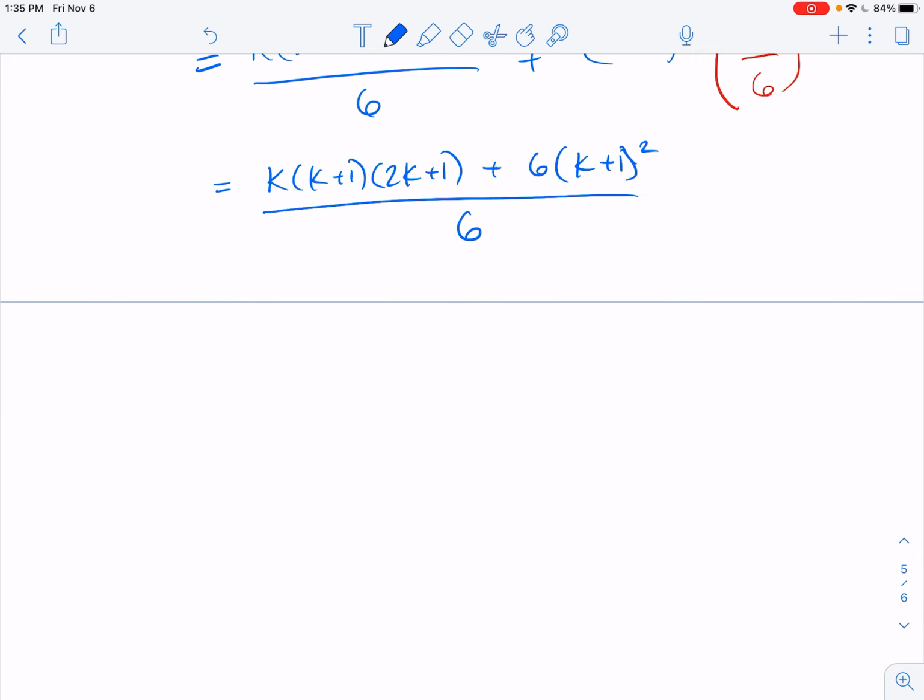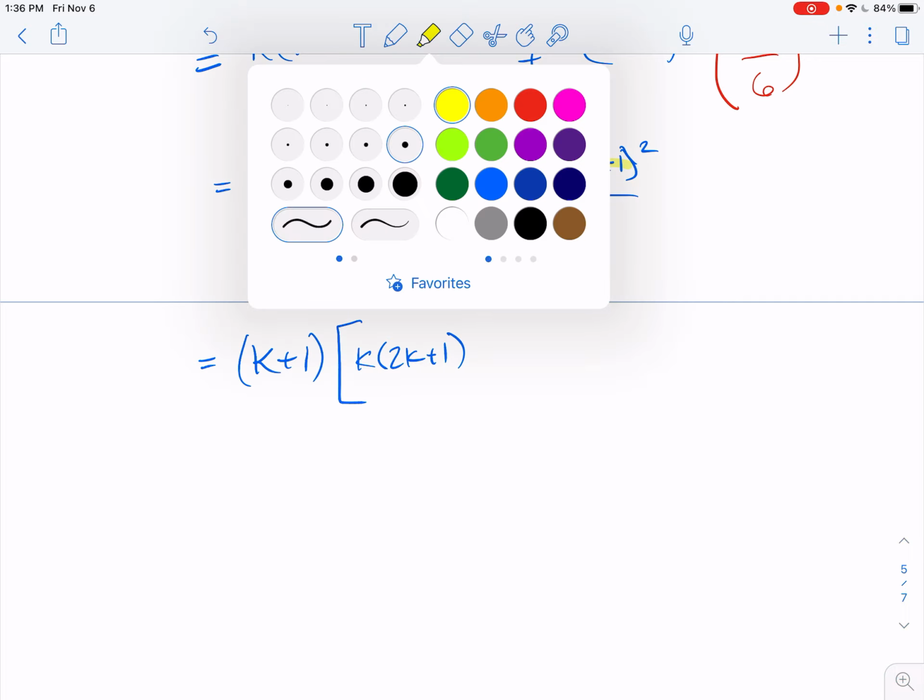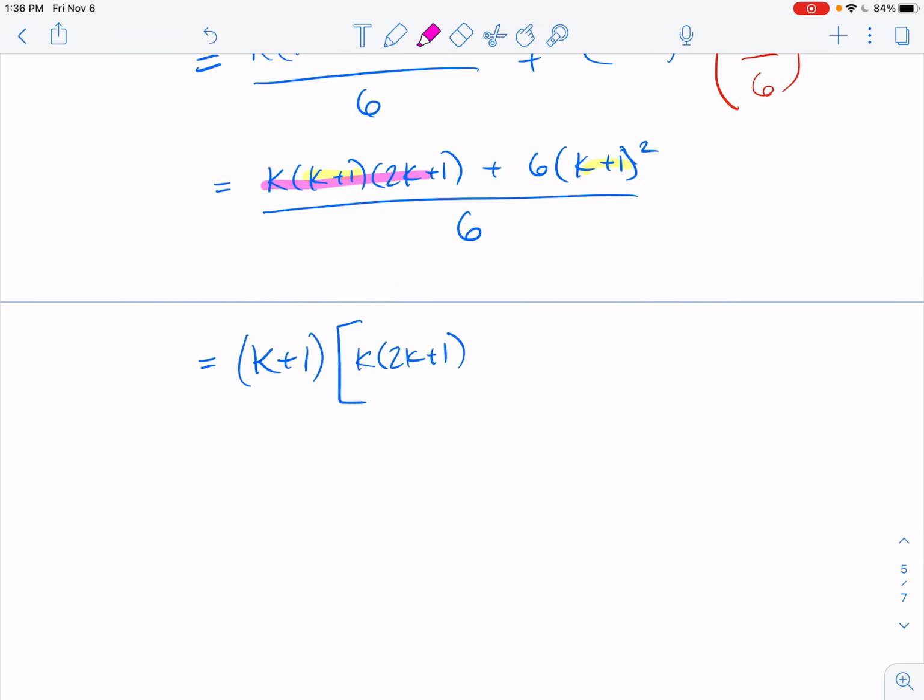What I notice is that each of those terms has a k plus 1. So when I factor that out, what's left behind is a k times 2k plus 1 that came from this term, and then I have plus a 6 times a k plus 1 that came from that term.